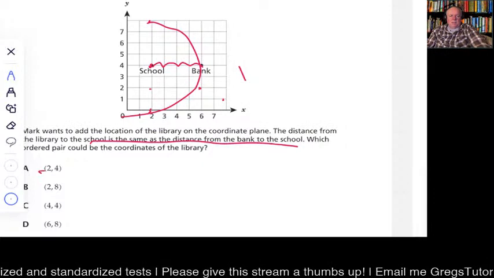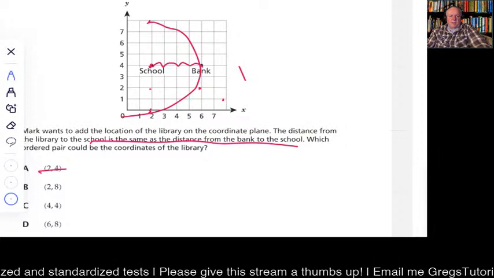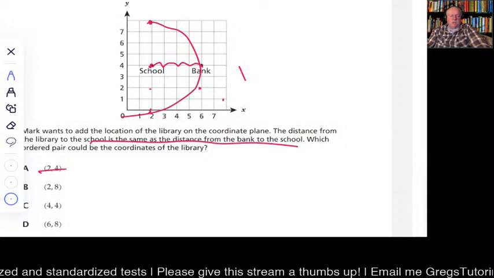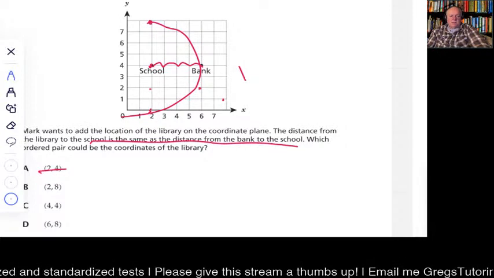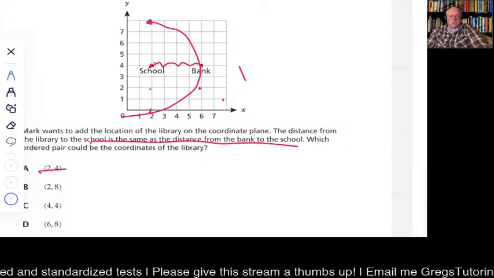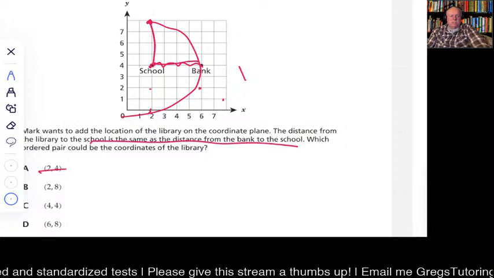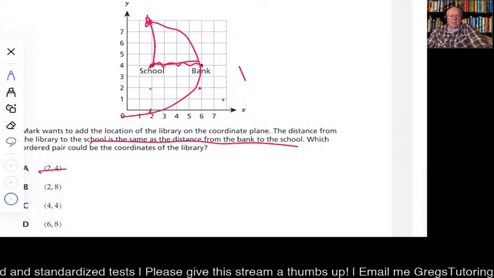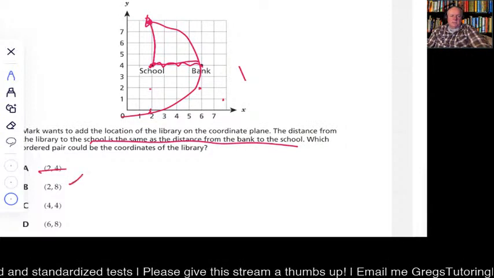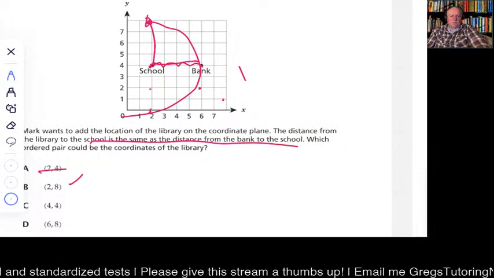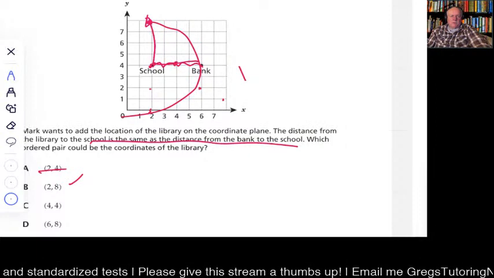Okay, B says 2, 8. Yeah, 2, 8 sounds like it's it. Because if the school was 1, 2, 3, 4 away, and I go 1, 2, 3, 4 straight up, then that's 2, 8, and that sounds good. So I like it. But let's look at the other choices. 4, 4. 4 is here. Okay, that's only 2 units away.